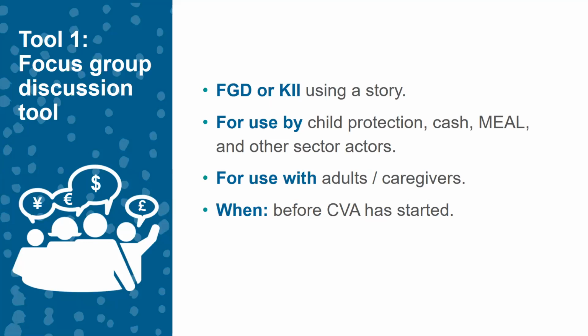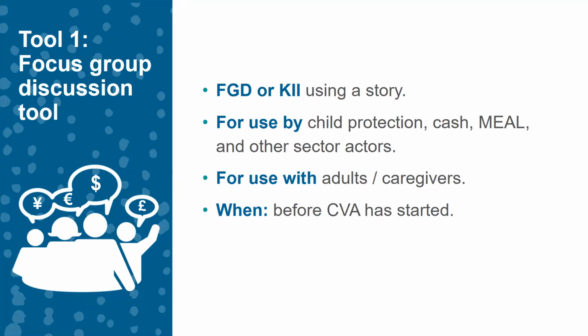This tool has been designed to be used by either child protection, cash actors, monitoring actors, or actors from other sectors, and to be administered with adults or caregivers within a community that have a very good understanding of what are the protection risks of children in that given community.